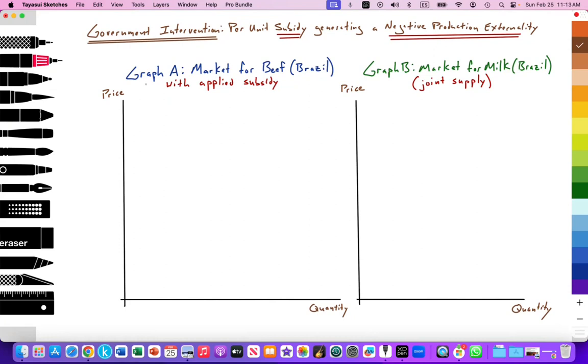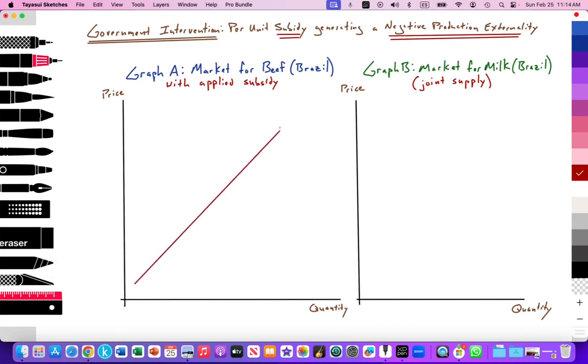So graph A is the market for beef in Brazil, and we'll put an applied subsidy as we saw in those articles. Graph B, the market for milk in Brazil, linking that as a joint supply to beef. So we have price measured on the y-axis and quantity being measured on the x-axis.